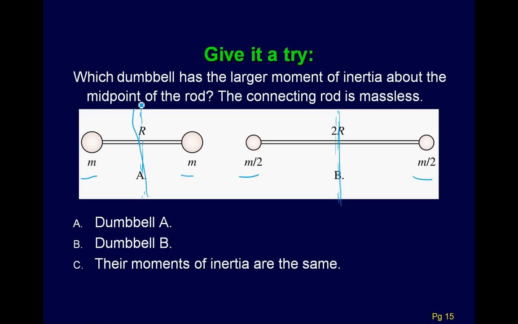Okay, hopefully you got B. And so what this would be is we can think about both of these as being point masses. So if I look at A, I'm going to add up mr squared for two pieces. It's going to be m times the distance squared plus m times the distance squared. Now, the distance, again, is measured from the axis of rotation out to your point.